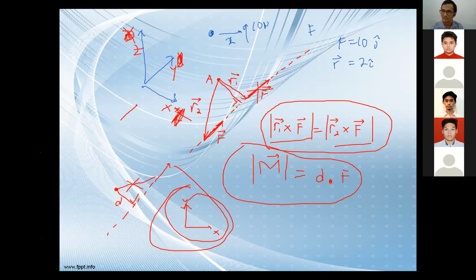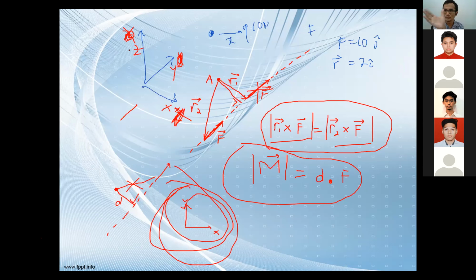Whenever we have a problem, maybe later in the problem examples, I will explain. The first thing that you're supposed to do is to determine the coordinates. In two-dimensional, it's very simple. Directly use x to the right, y going up. But in three-dimensional, you have to use the right-hand rule, like that, x, y, z.